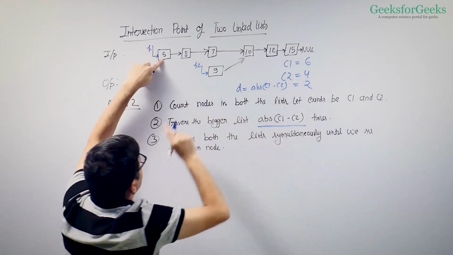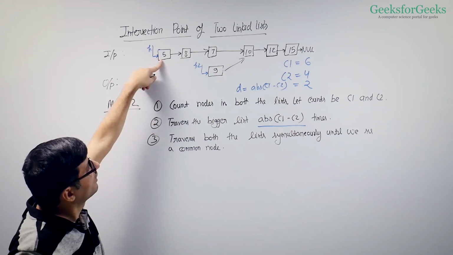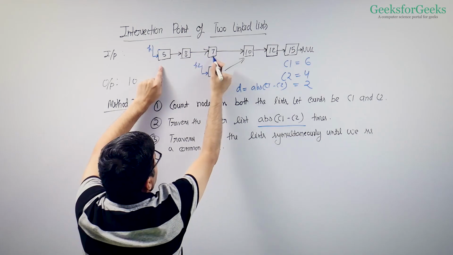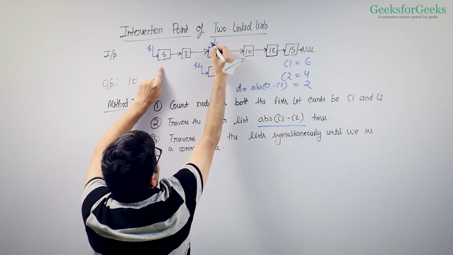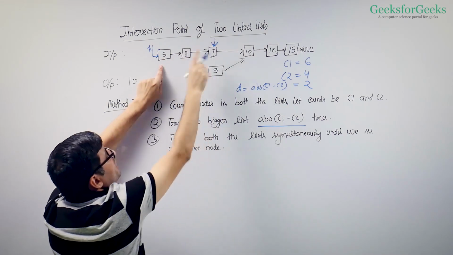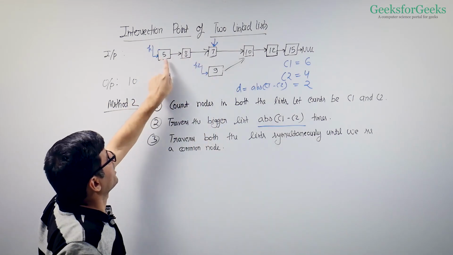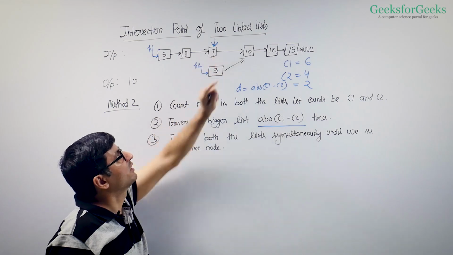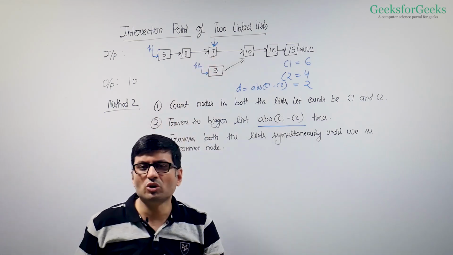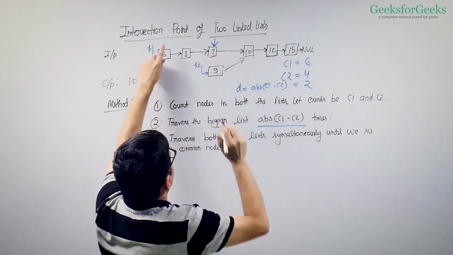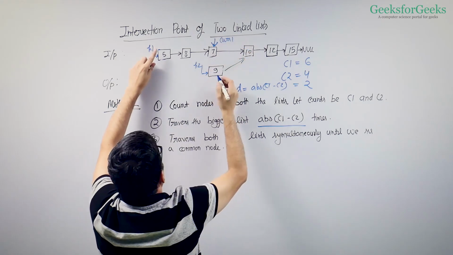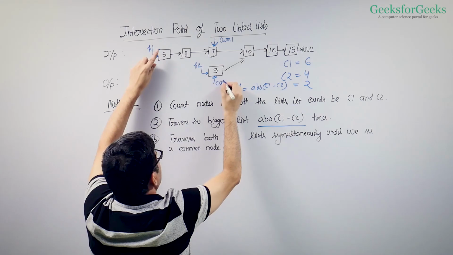So I'll traverse this list 2 times, right? And after I traverse this list 2 times, I come at this node after moving 2 positions ahead, right? So from one, currently I'm here, after 1 movement I'll come here, after 2 movements I'll come here, right? Now what I'll do is, say this is my current 1 and I begin current 2 from here.